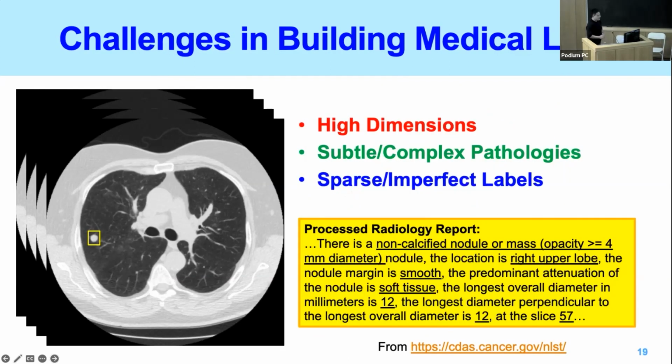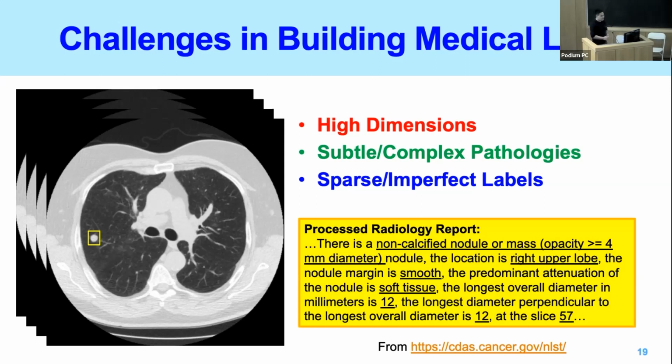However, there are various challenges in building a medical large hybrid model. For example, for 3D CT report generation, the first challenge is the high dimensionality. I think that is why most current publications work on 2D medical report generation, like chest X-ray images.